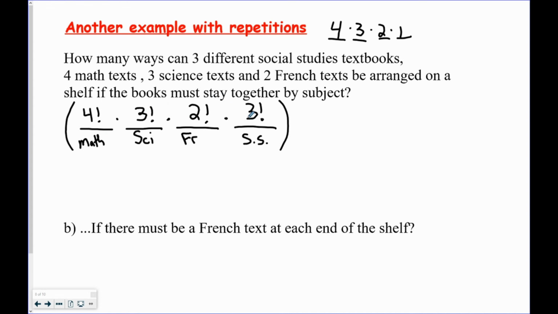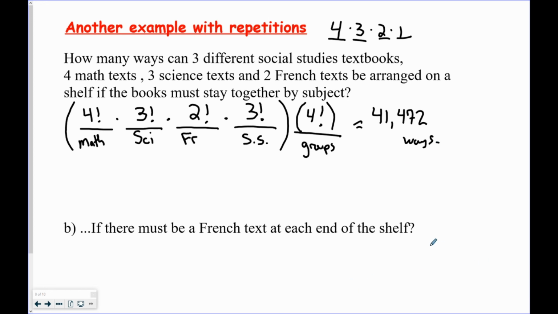There's 4 groups, so there's 4 factorial ways that I can arrange the actual groups. So I need to multiply by 4 factorial for the groups. Just like that. Now when you multiply it all out, you're going to get a ginormous number. It's going to be 41,472. And that's how many different ways you can do that.